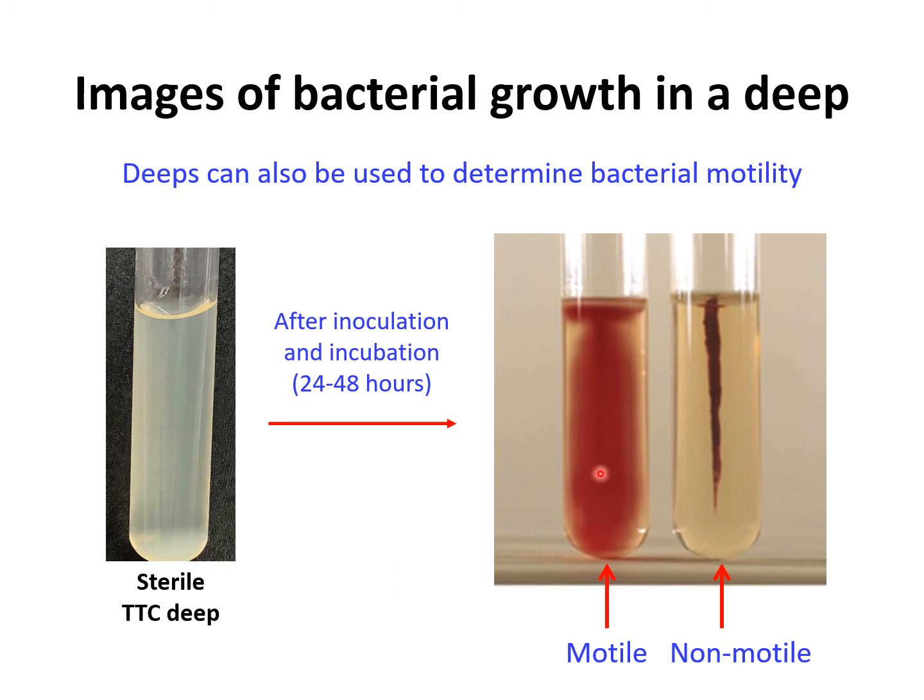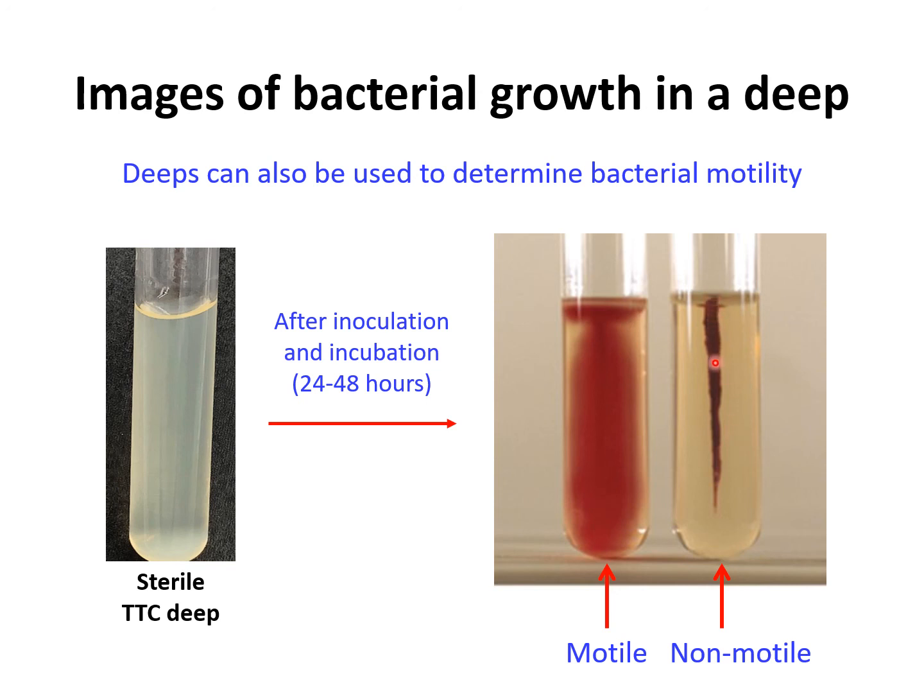And so if your bacteria is motile, it's going to spread. That bacteria is going to grow throughout the tube. And as it's growing throughout the tube, what is it doing to that colorless dye? Well, it's breaking it down and producing that red color, okay?